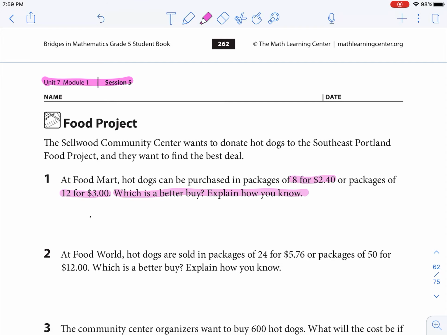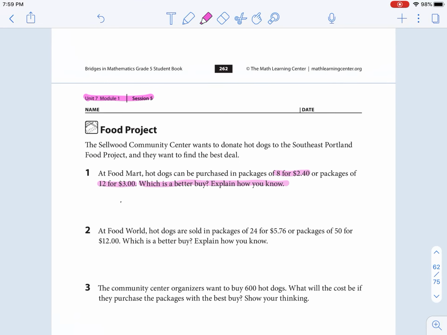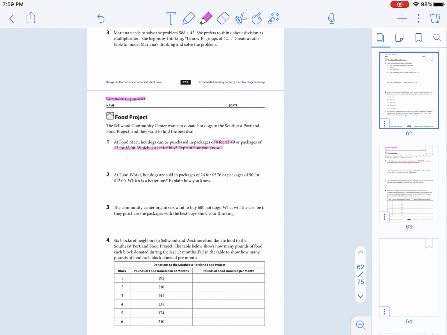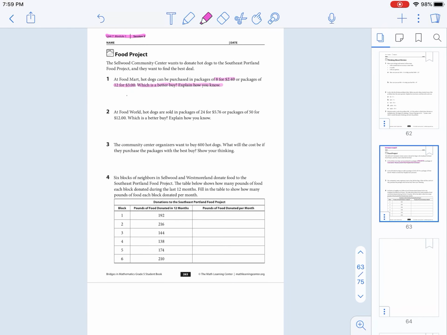I am going to go ahead and add another page to the bottom here so that we can actually use a ratio table to help us.